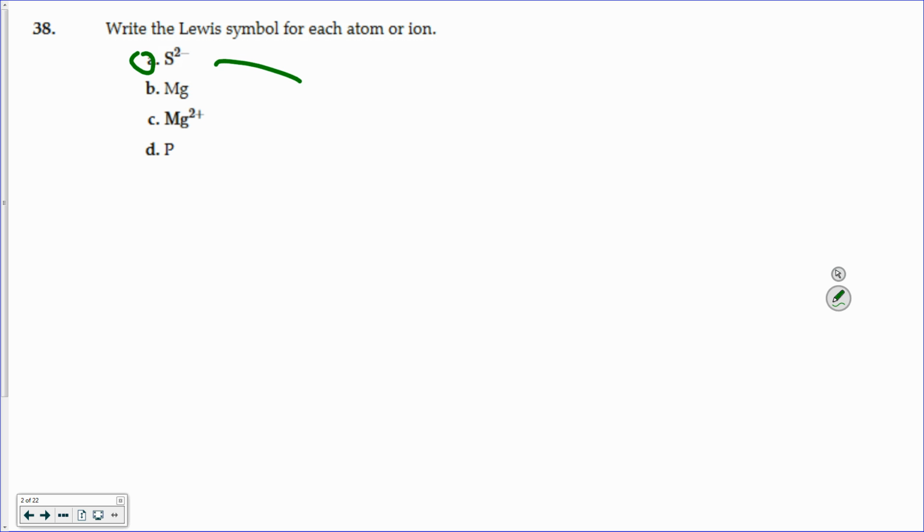So if I look at sulfur, sulfur has how many valence electrons? 6. It's in the 6A family, 6 valence electrons, but it's a -2 charge. What does that mean? Do I add electrons or lose electrons? Add 2. So I add 2 electrons.